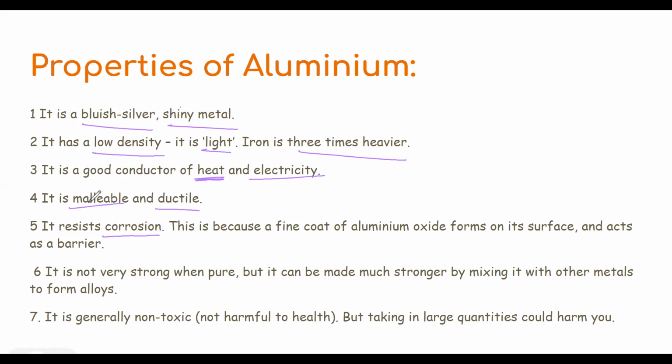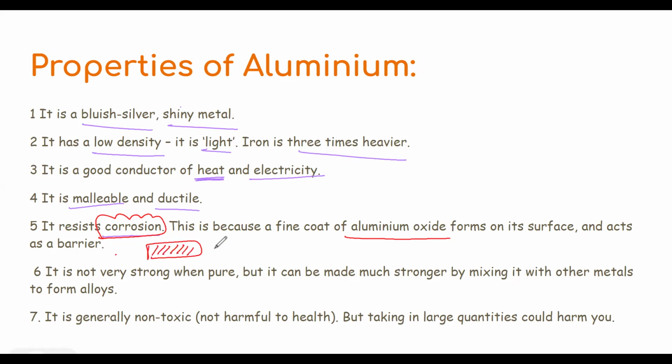It resists corrosion. Yeah, this is actually a super interesting point about aluminium, that it is the metal which resists corrosion. Isn't that interesting? Unlike iron, it resists corrosion. And you should also know the reason also, because this question comes in exam. So why does it resist corrosion? This is because of a fine coating of aluminium oxide formed on its surface, which acts as a barrier between the metallic surface and the atmosphere.